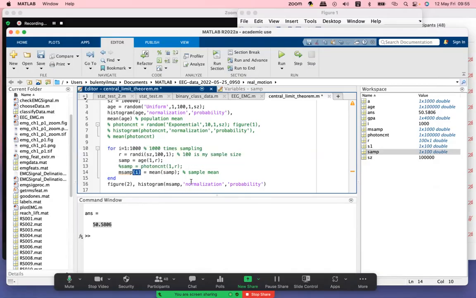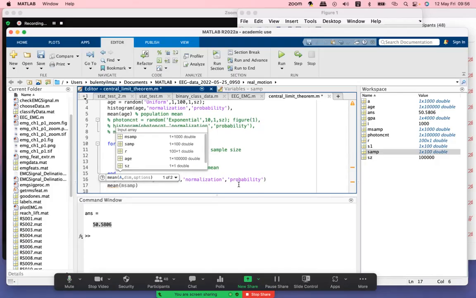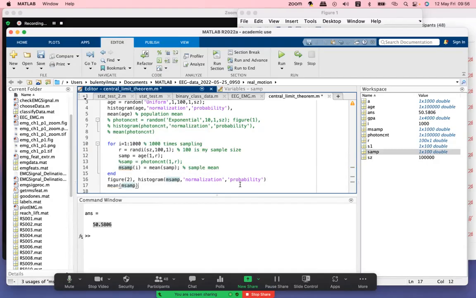The sample means are recorded in this mean of sample vector. Then I will plot it and then find the mean of the means. Okay, let us find the mean of the means. Let's see what it is.